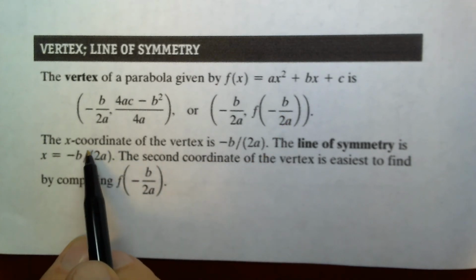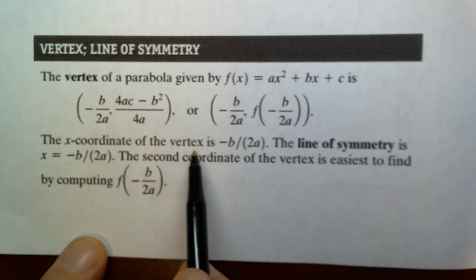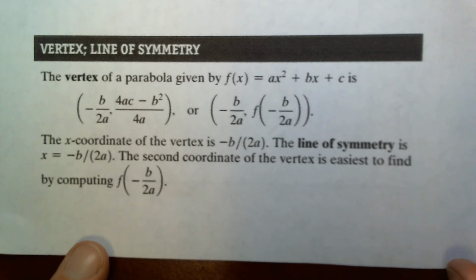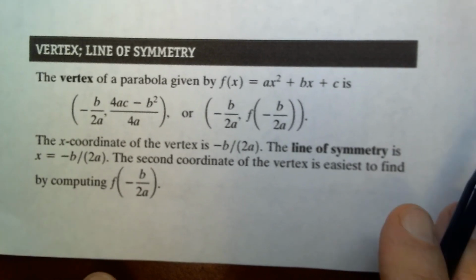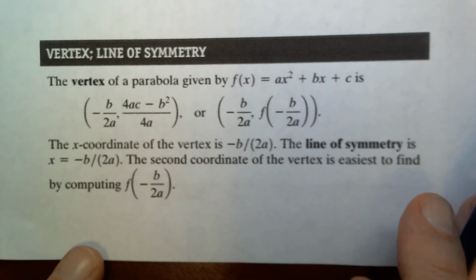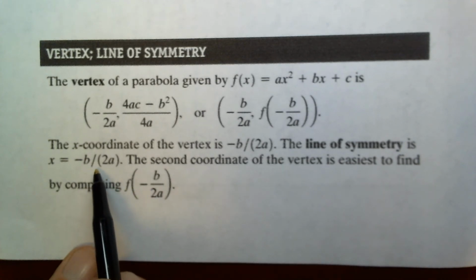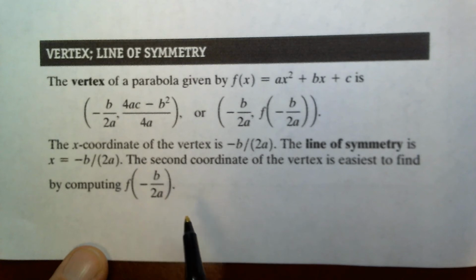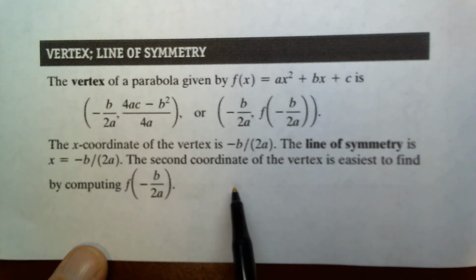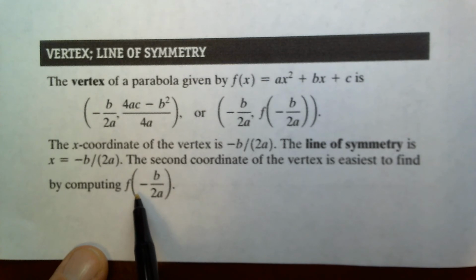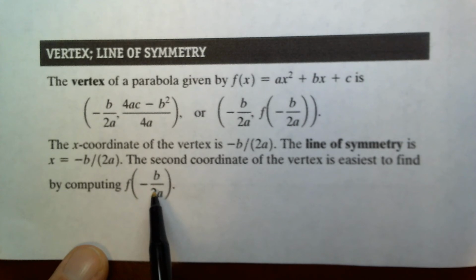So in other words, the x-coordinate of the vertex is minus b divided by 2a. So that's always a very easy way to find the vertex, and then the line of symmetry is simply x equals minus b divided by 2a. And the second coordinate of the vertex can be found by evaluating the function at minus b divided by 2a.